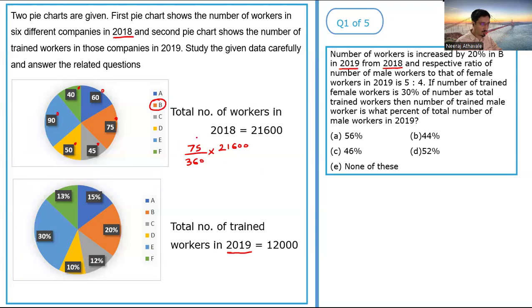Now this will give us the value in 2018. The zeros get cancelled out. This is 6 square and this is 6 cube, so we can write this down as into 60. So 75 into 60, we have 4,500. This is the number of workers in B company in 2018.